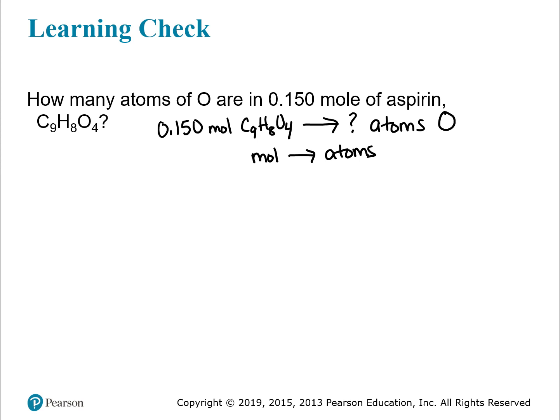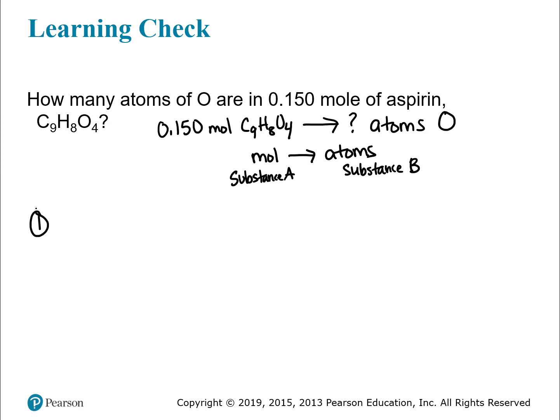But it's not moles to atoms of the same substance. We're going from moles of substance A to atoms of substance B. So we actually need to do two things here.